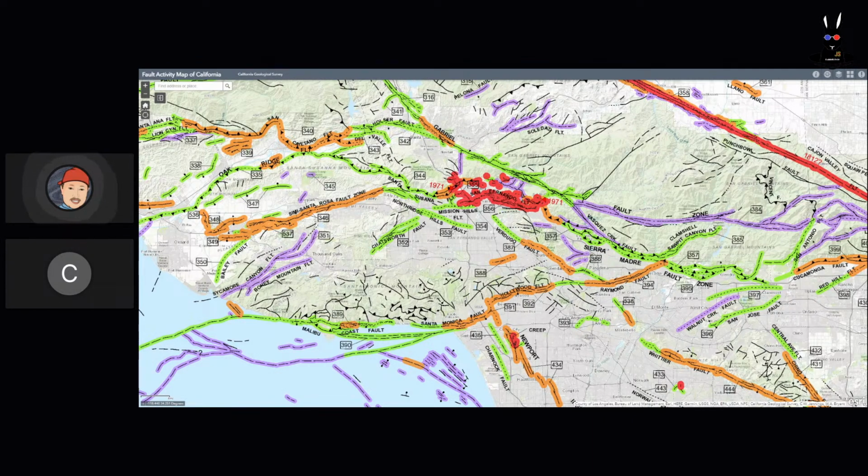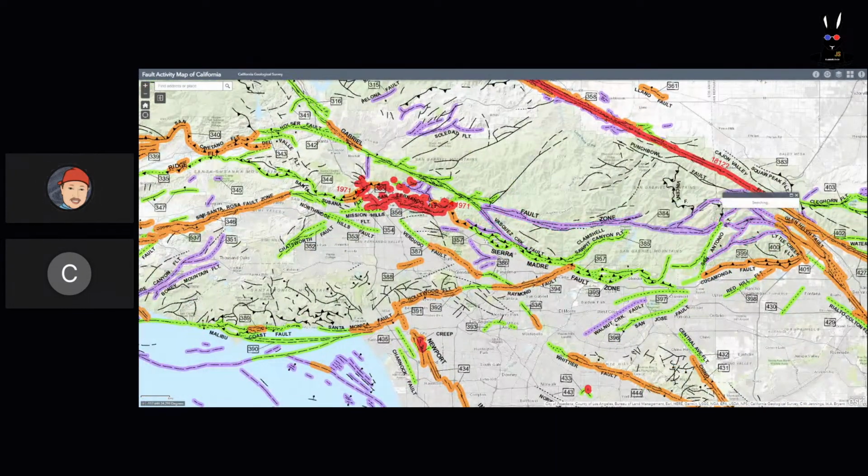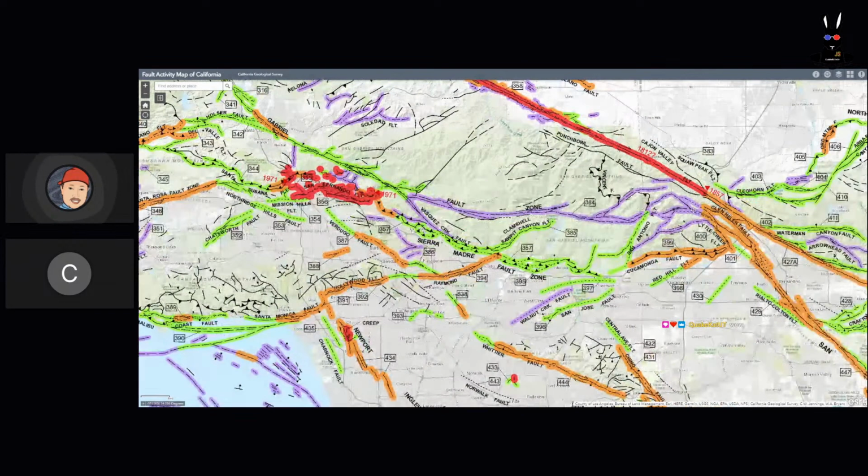San Gabriel continues north, and it runs into these out here, the Weber fault, right? And then there's other ones. See, they have different names for them, so you just have to find it. San Gabriel fault, the Weber fault goes north, Vincent, and the San Andreas here.